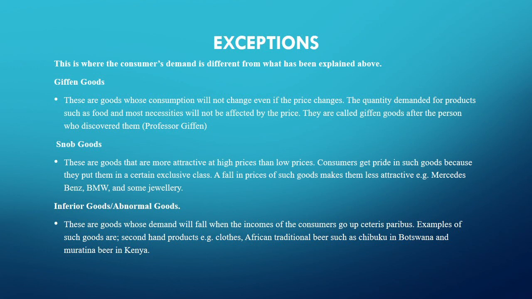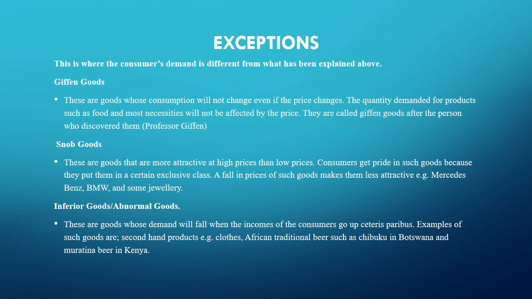Their demand will fall when people have got more money. When people have got more money, they shift to other drinks and not these ones. When they have less money, that's when they buy these drinks. So they are inferior goods.